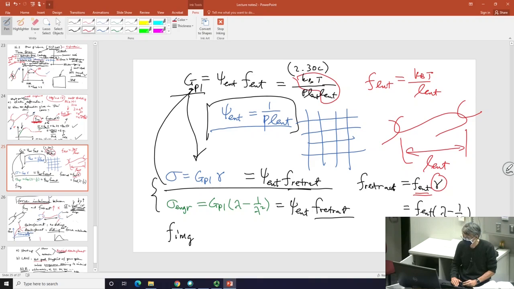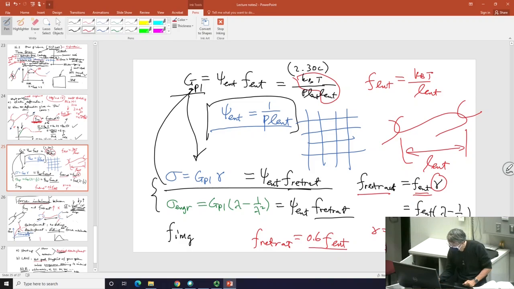So suppose you deform 60%. Okay, what does that mean? It means you produce a retractive force which is 0.6 of this. By definition. Right? By definition. And the idea was I have this much of force available to keep it in check, to keep it balanced.